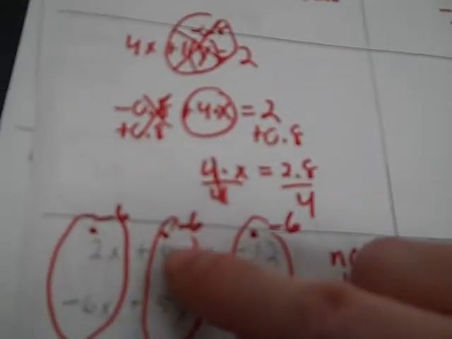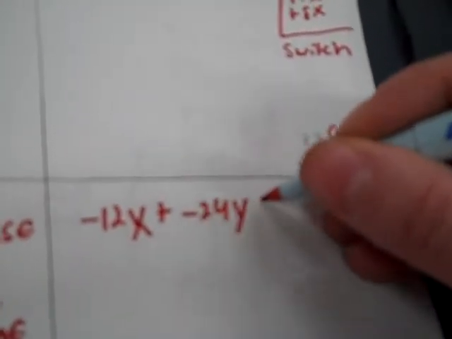So I take 2 times negative 6, negative 12 with y. Then I take 4 times negative 6. That's negative 24 with, sorry, that's x, negative 12 with x. And then negative 24 with y, that's an x.